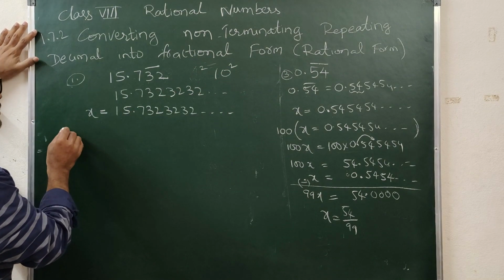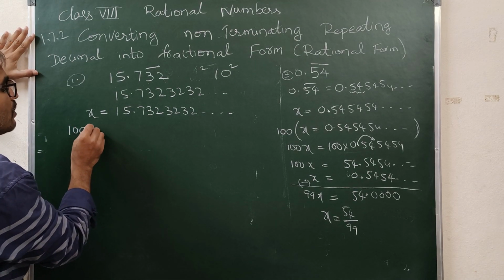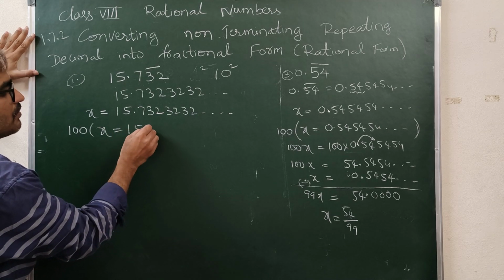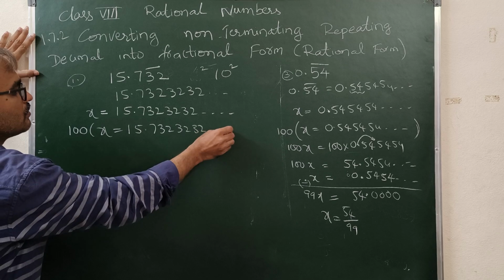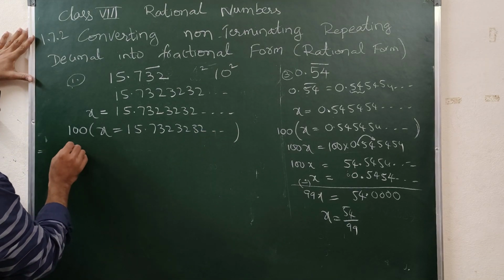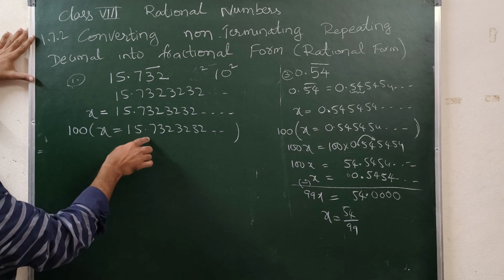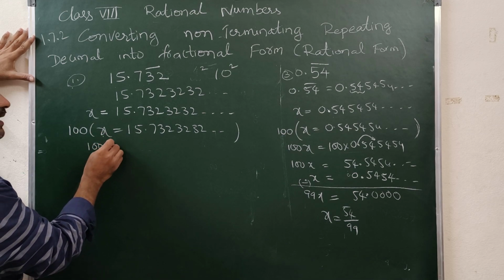10 square means 100. So here it will become 100 into x, the entire equation: 15.732323232... Now if you multiply the left hand side and right hand side of the equation by 100, the left hand side will become 100x.